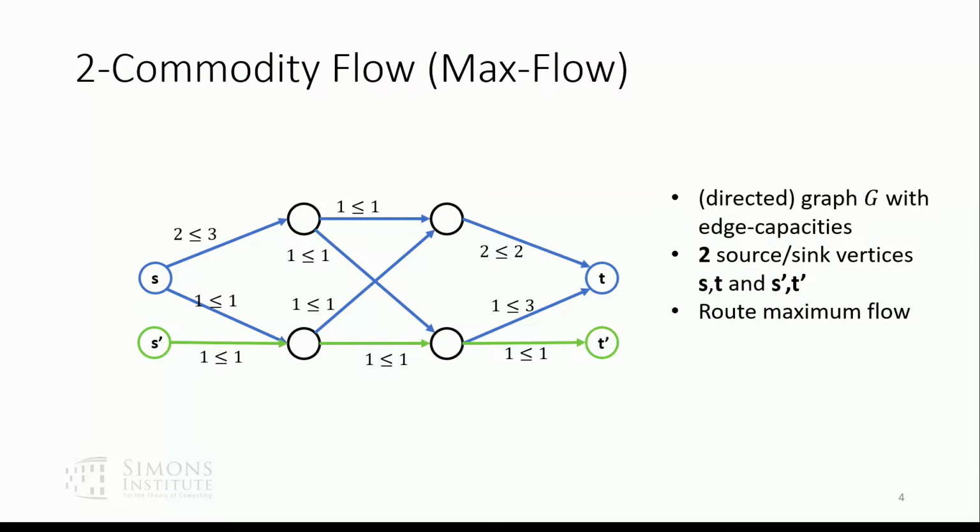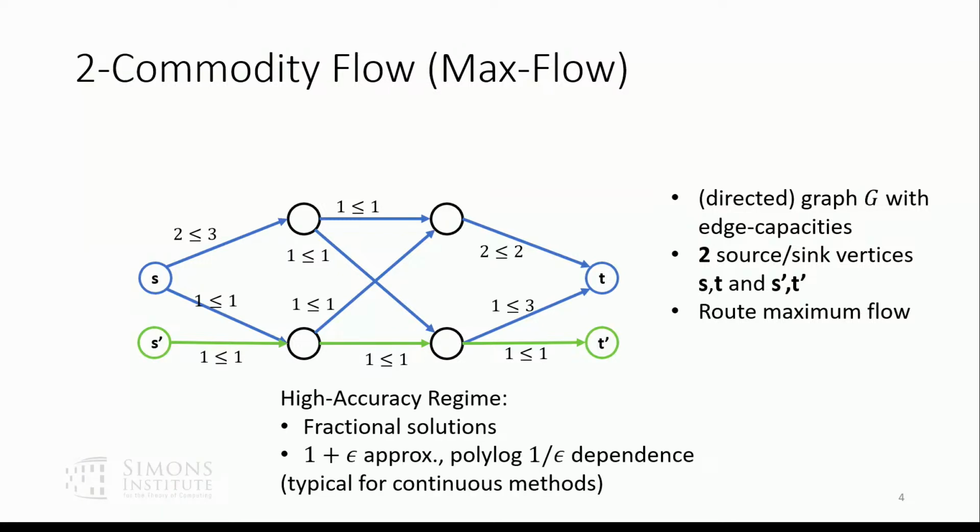The last problem we are going to look at is, before I go to that, in this talk I want to focus on something we call the high accuracy regime. So for multi-commodity flows, there are so-called low accuracy algorithms. These scale in poly 1 over epsilon, where epsilon is like your accuracy parameter. And when we want to look at the high accuracy regime, here we want our complexity dependence on epsilon to be just logarithmic.